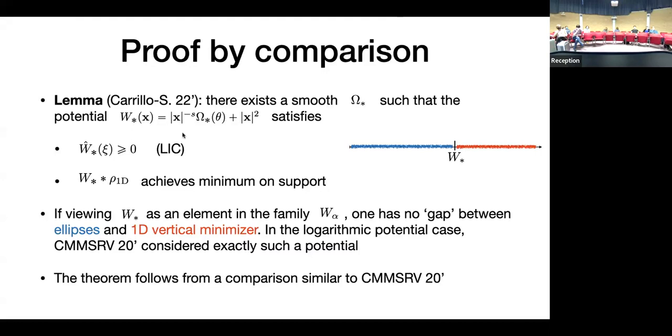And this construction of the very particular omega star such that there is no gap is just based on the theory of the ellipses, where we try to find the omega star such that the ellipses exactly collapse into 1D at the critical alpha.